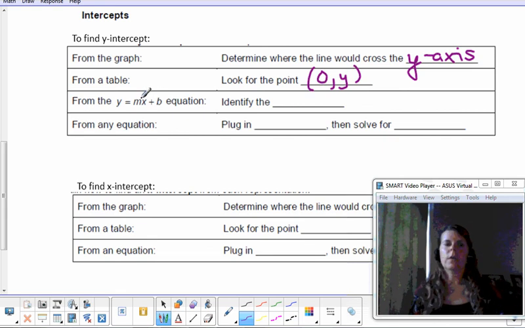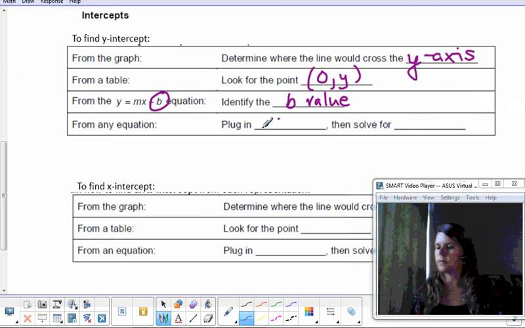From an equation, your y-intercept is your b. From any equation, you can plug in your 0. I was thinking we were trying to find slope here, but we're trying to find the y-intercept. So plug in 0 for x and solve for your y.